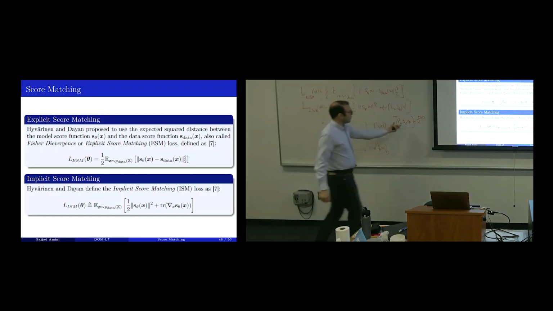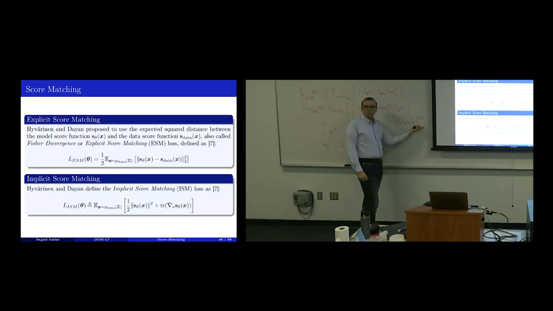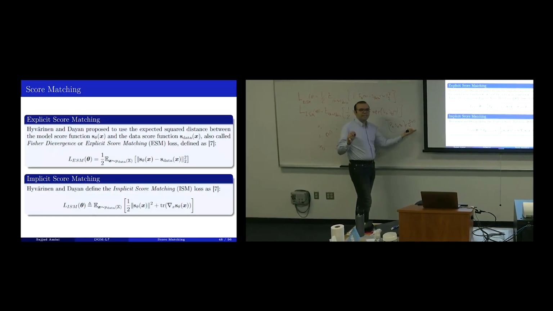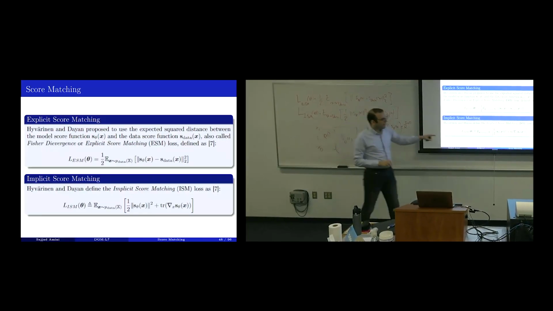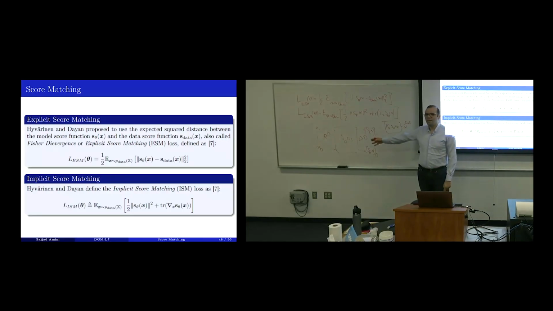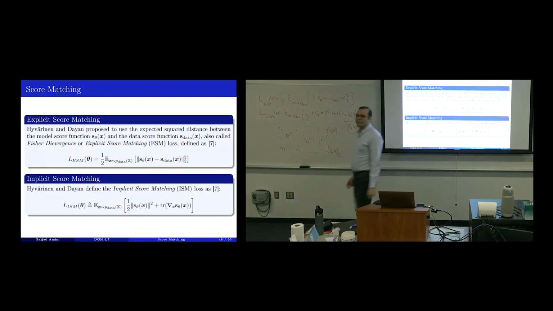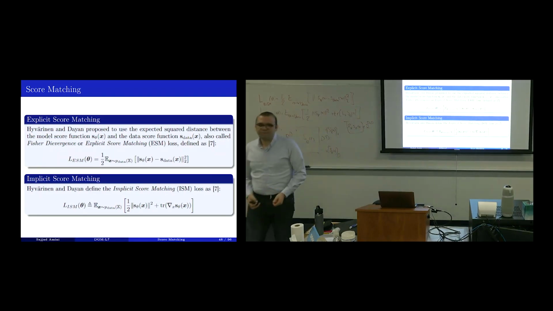I can calculate it because I have this model, and I can use any library like PyTorch to calculate the gradient matrix, and then I sum the diagonal elements. So you can calculate everything.